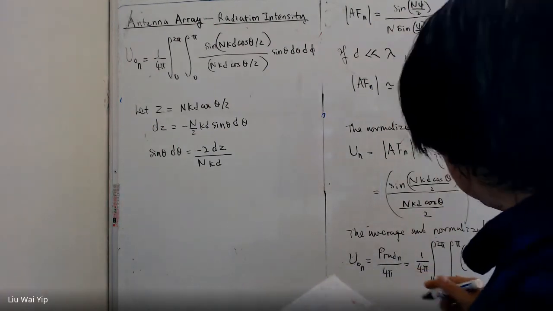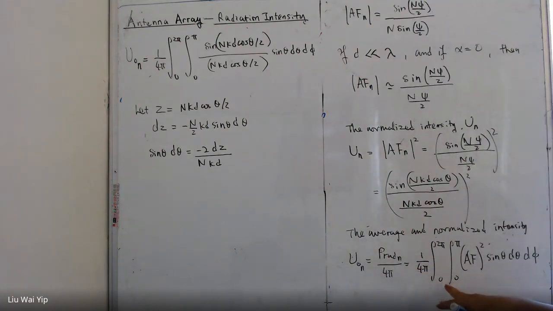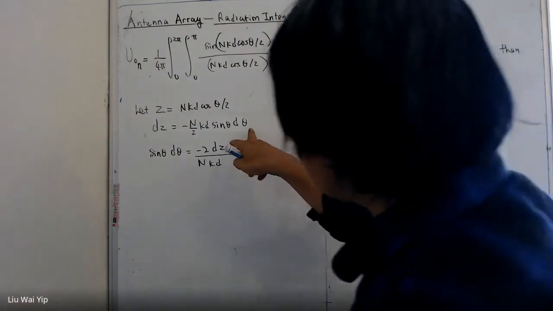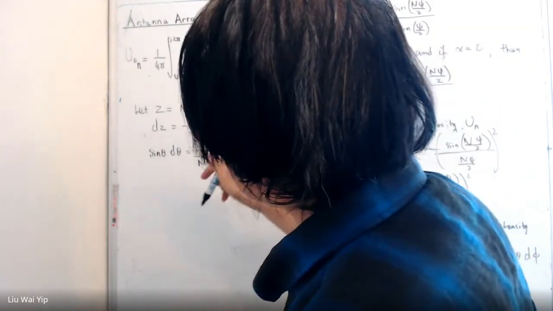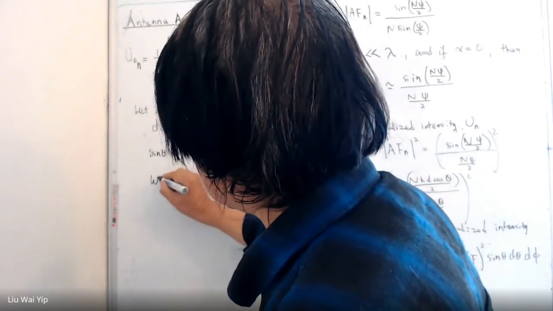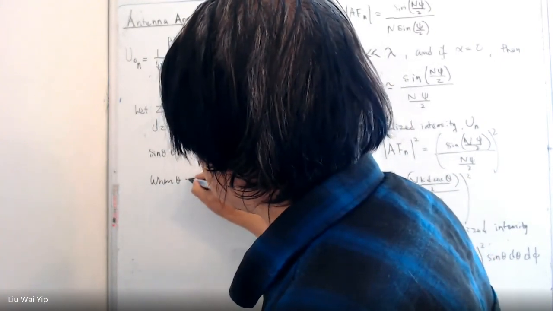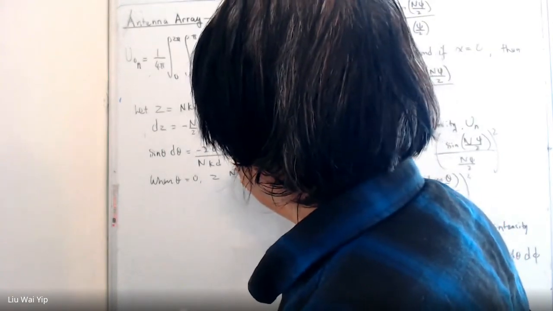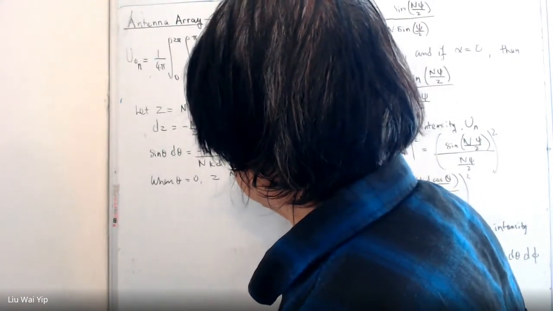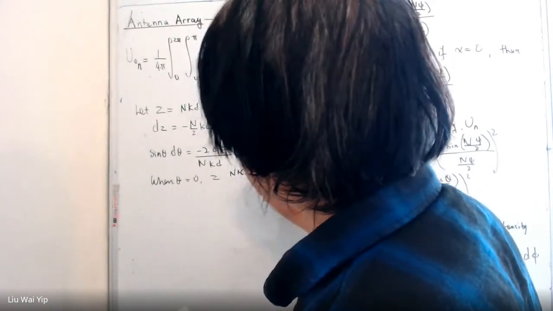And how about the limits? When theta is 0, z is going to be nkd divided by 2.